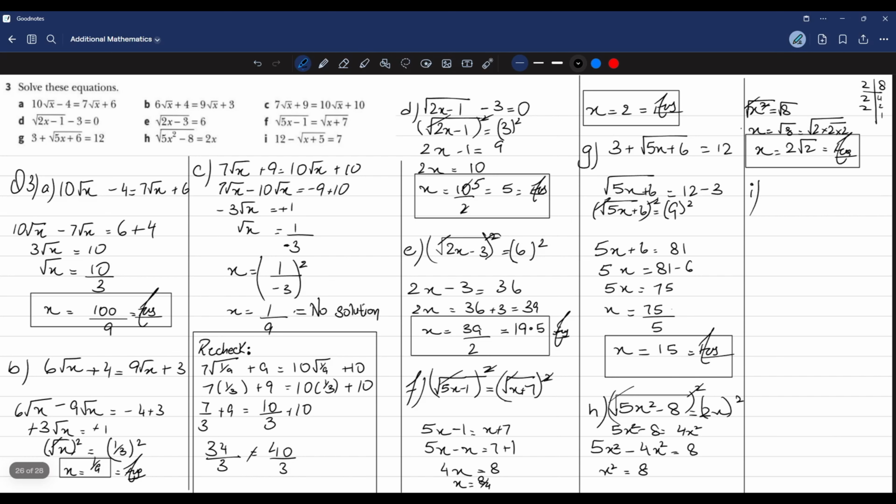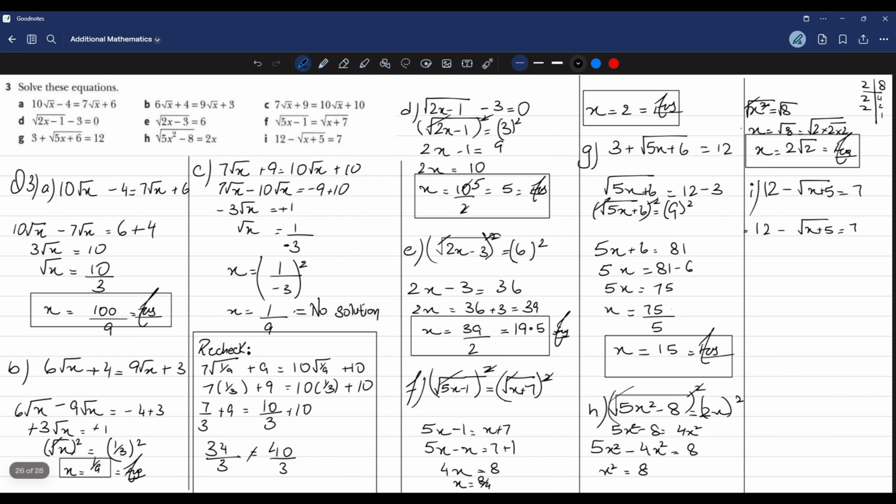For part I, we have 12 minus under root x plus 5 is equal to 7. I just copied the same question right now.